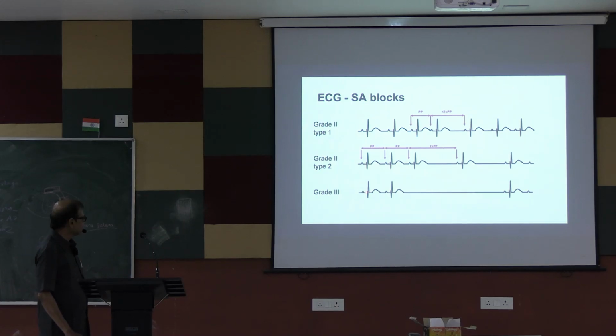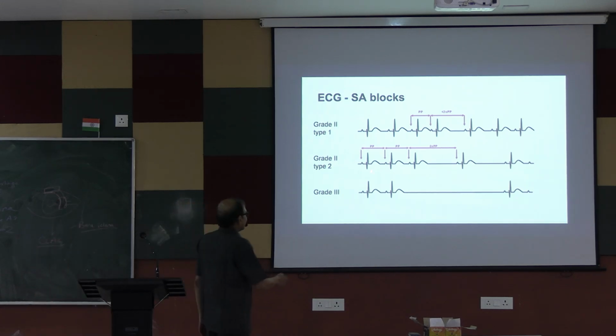This is the third degree: normal, then total absence of the P. And this PP interval is more than the normal PP interval. This is the fixed delay, then interruption. So this PP interval is twice the normal PP interval.